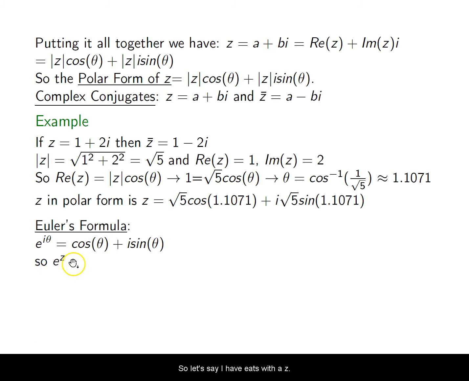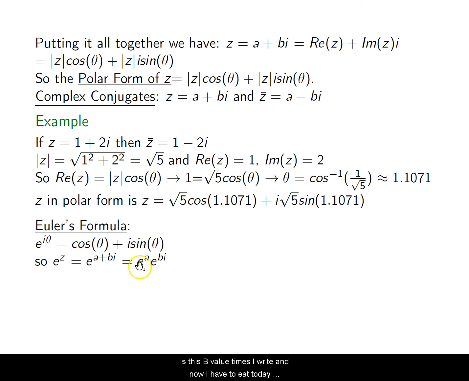So let's say I have e to the z, but what is z? z is a complex number, a plus bi. So e to the a plus bi, we can use our properties of exponential functions, and I can write it as e to the a times e to the bi. And if you notice, this e to the bi is in this form, assuming that theta is this b value times i.